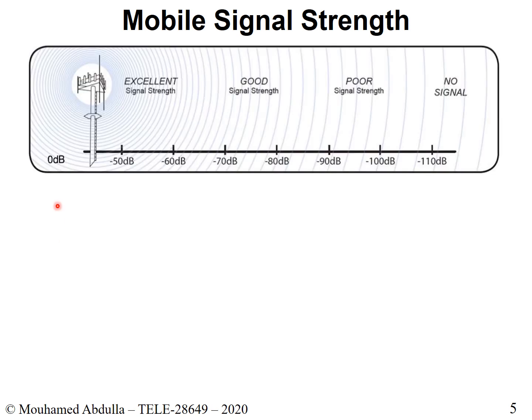So if you see this, you have your base station or your eNodeB or your gNodeB. And assuming it transmits in an omnidirectional way, so it radiates in all directions.